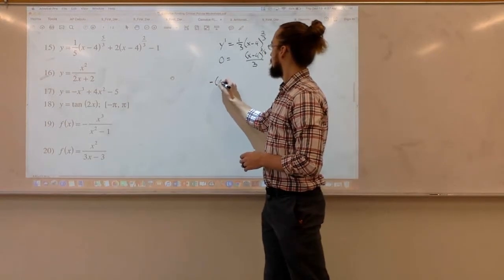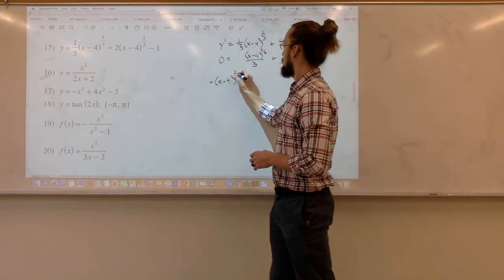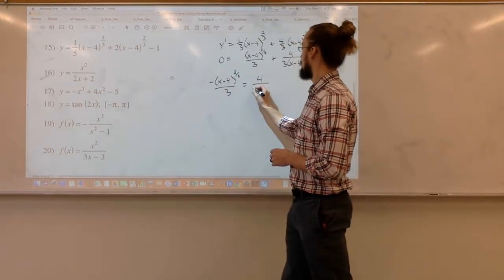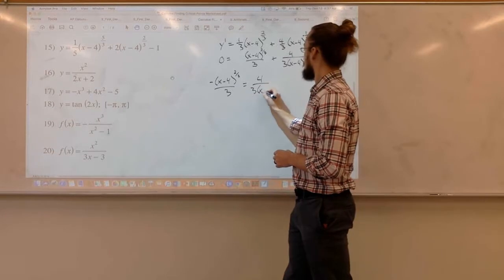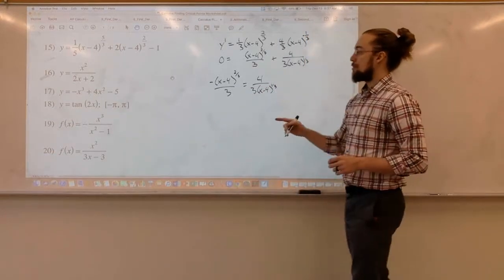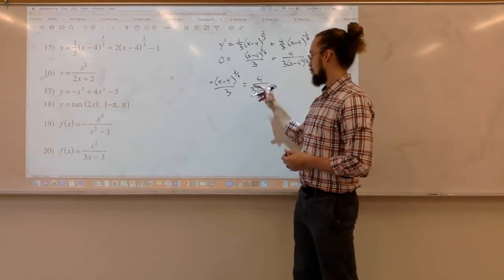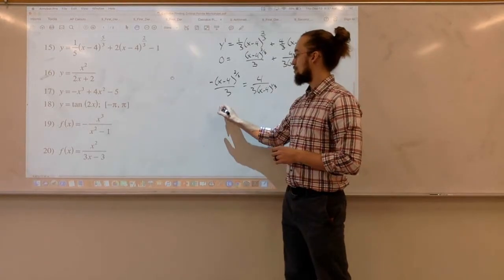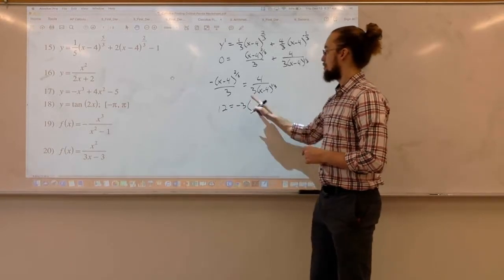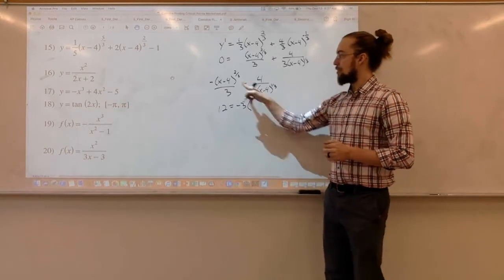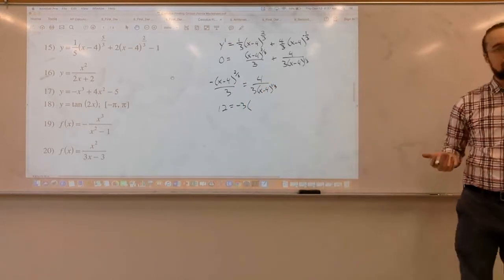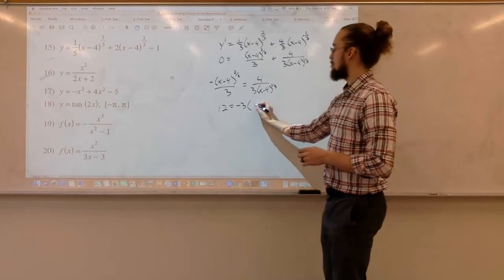So we'll have negative x minus 4 to the 2/3 over 3 equals 4 over 3 times x minus 4 to the 1/3. So now when I cross multiply, I will have 3 times 4 is 12. And then here, I'll have negative 3 times x minus 4 to the 1/3 times x minus 4 to the 2/3, which would be x minus 4 to the 3/3, which would just be to the first, right?